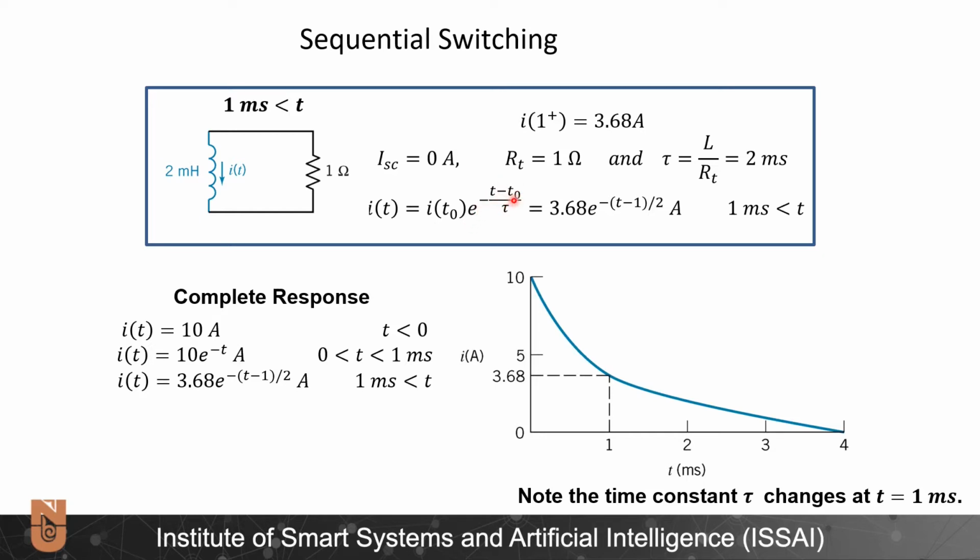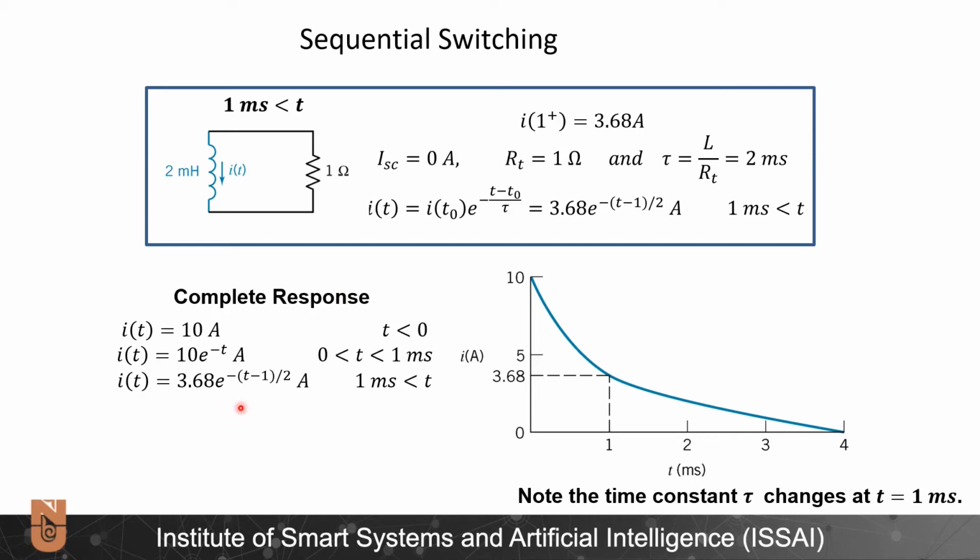But here I should take into account that I will put a time shift here because the circuit will start acting this way after 1 millisecond. Therefore, I write 3.68 times e to the minus (t minus 1 millisecond) divided by the time constant 2 milliseconds as this equation.